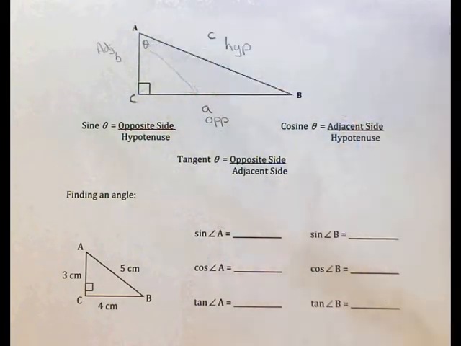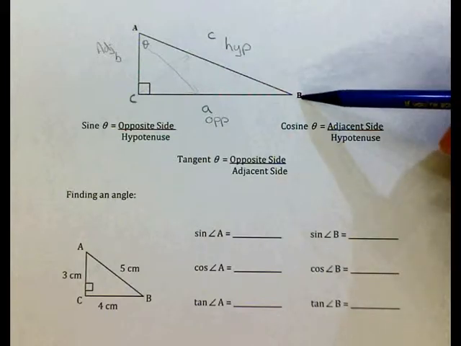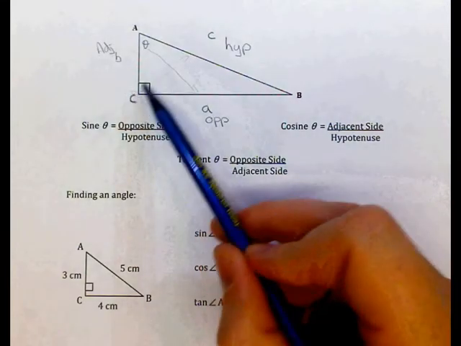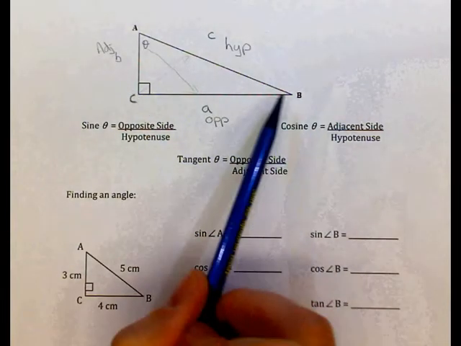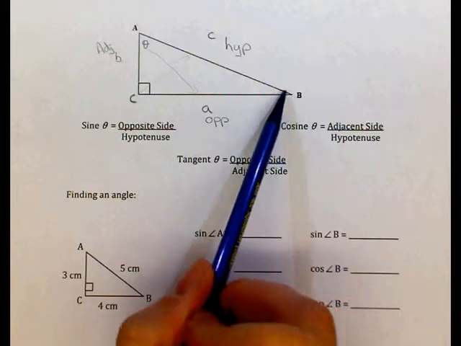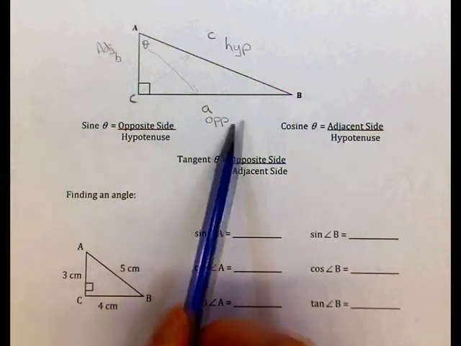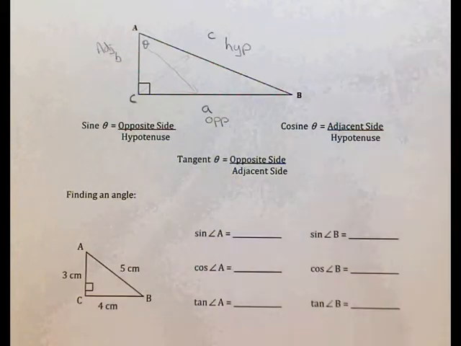Now if I was to change this up and have B as my angle, clearly some sides will change. The hypotenuse would still be the same, but my opposite comes over to here, and my adjacent would come to A. So depending on the angle you're using, your labels will change. Let's try some examples down here.